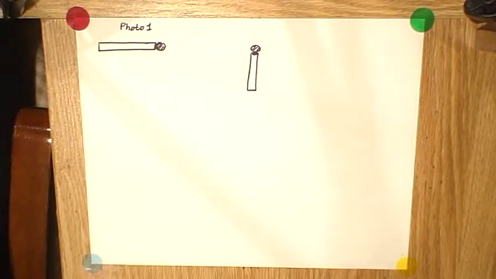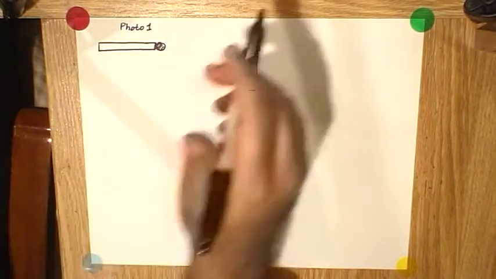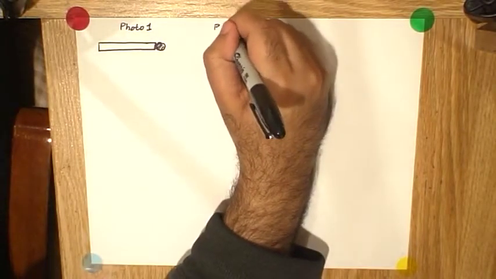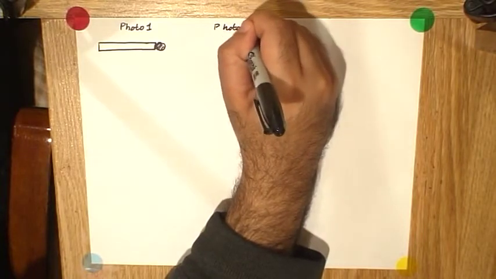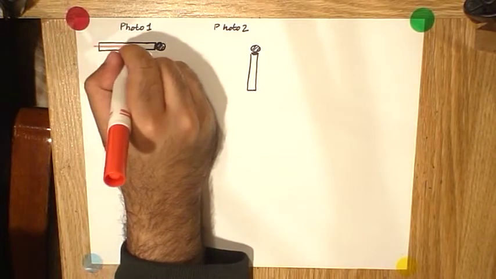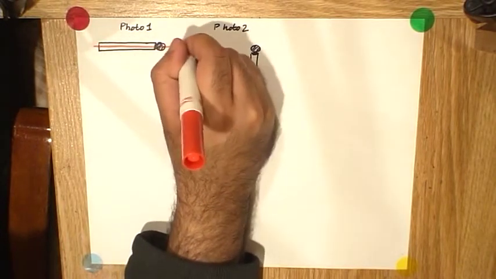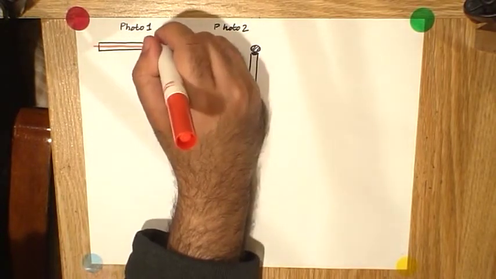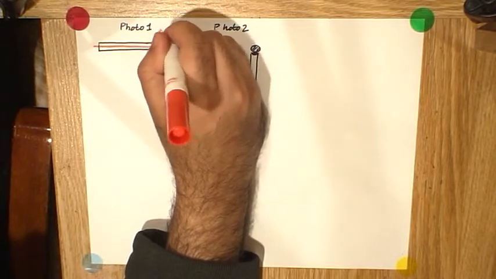So now that we have the picture down, let's set some axes. So this is first of all photo 2. I'm going to set them in the conventional way. Rightwards is x, upwards is y.